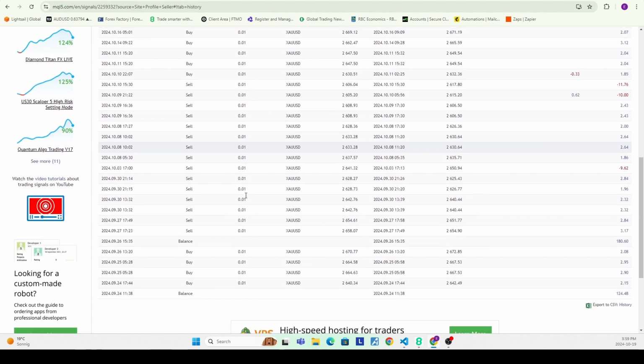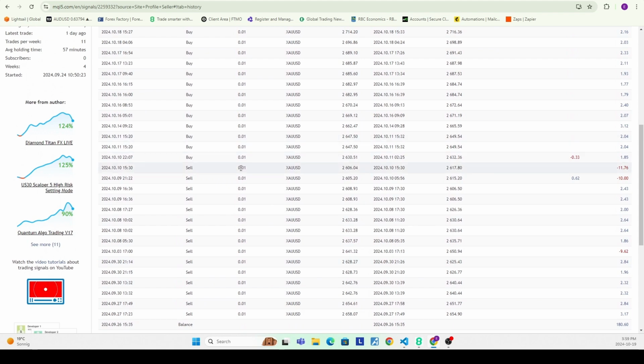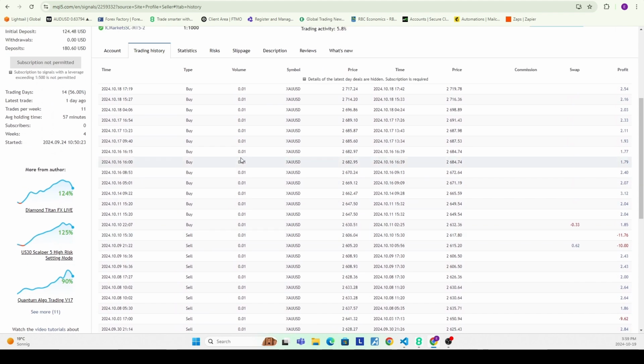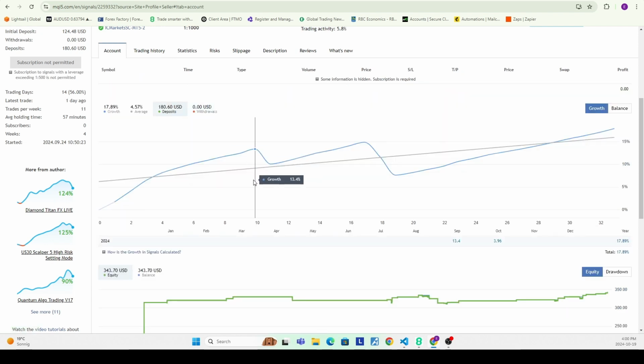Looking at the trading history as well, we can see that it shows a constant balance, which is also a very good sign, as this means that no martingale or recovery mechanisms are being used. The telltale sign of that is seeing exponentially increasing lot sizes. So yeah, not a ton is being shown here, but so far it's looking quite good.